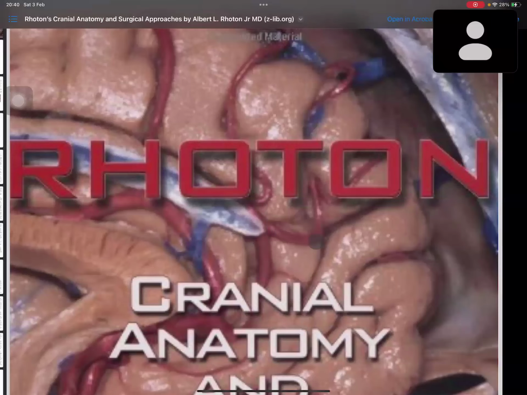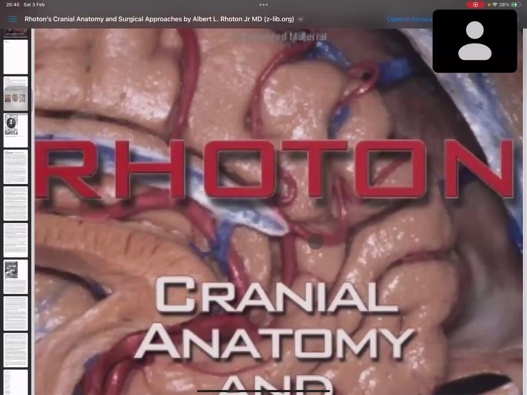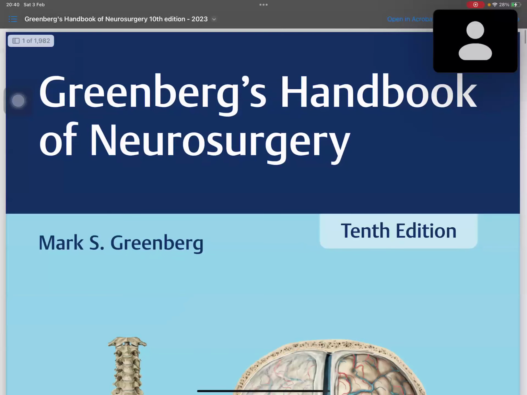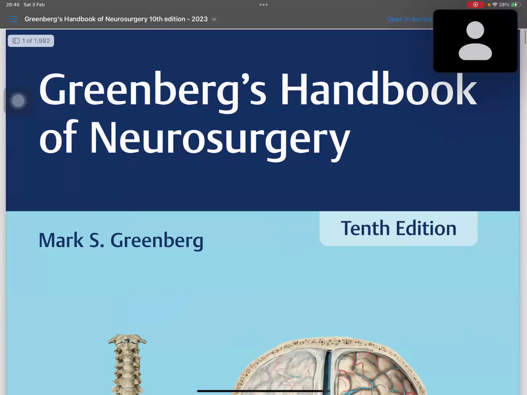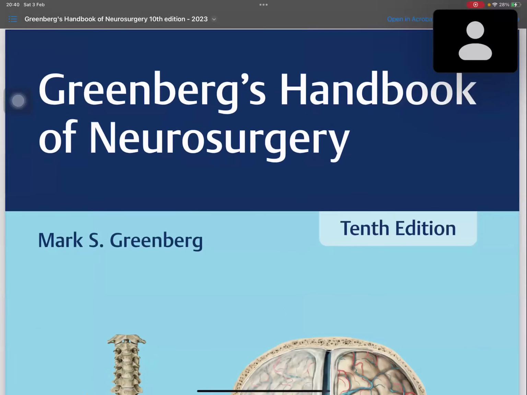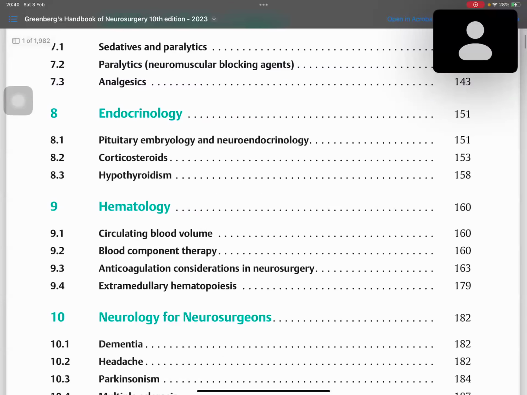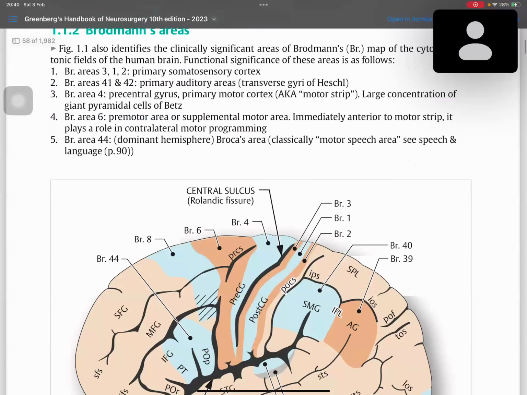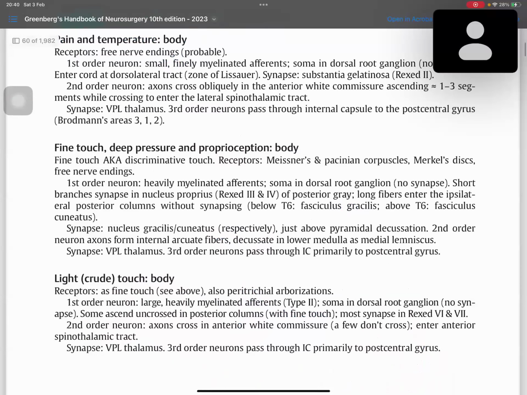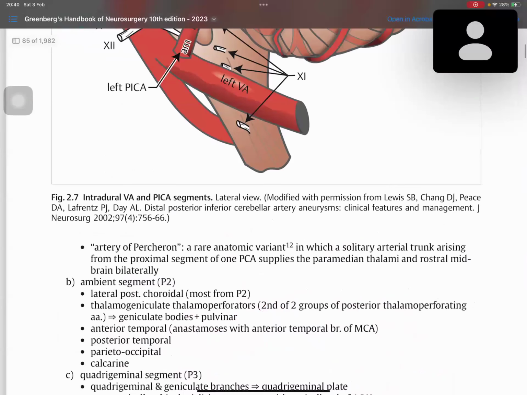Sorry, while you're searching for that, let me make a quick important contribution at this point. At the free tentorial edge, the PCOM passes through the ambient cistern, parallel with the tentorial edge, and then it follows the third cranial nerve as it continues.